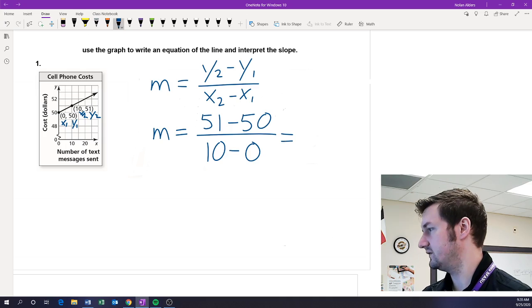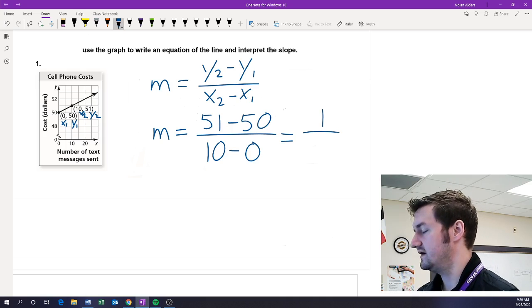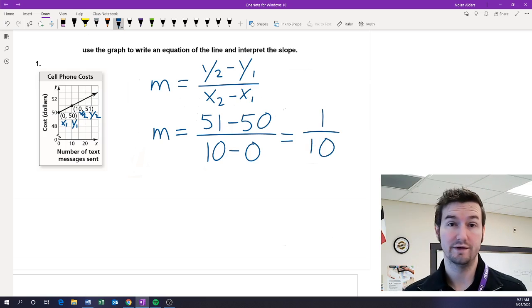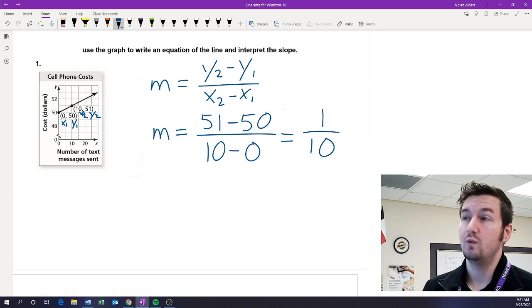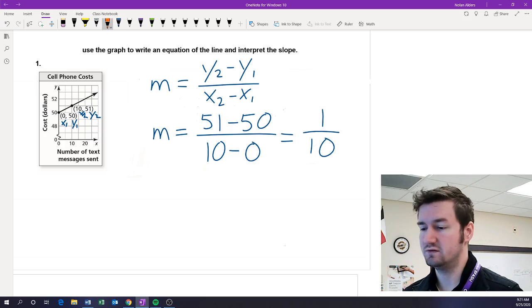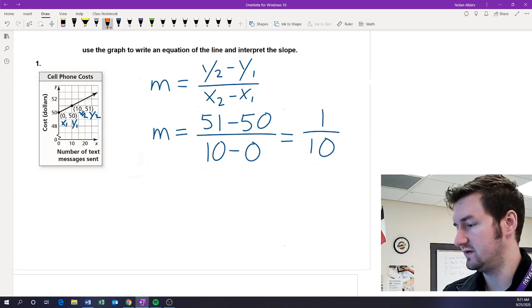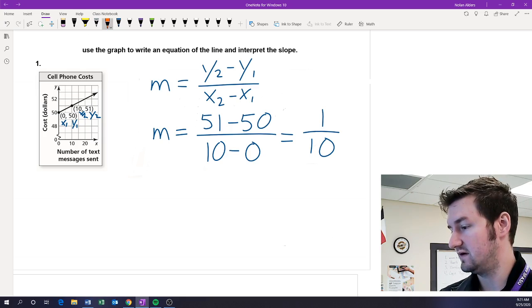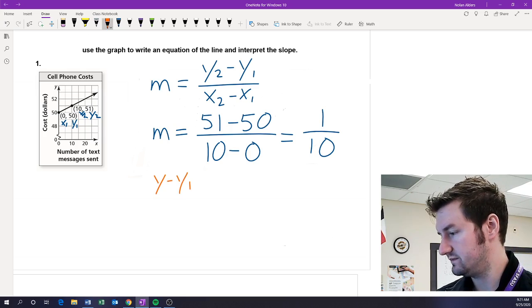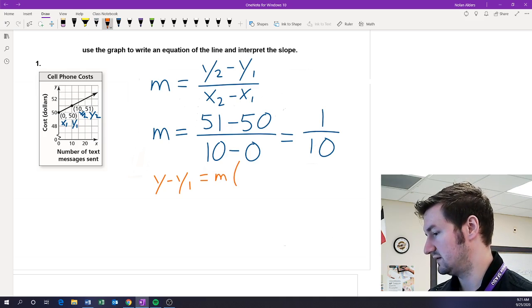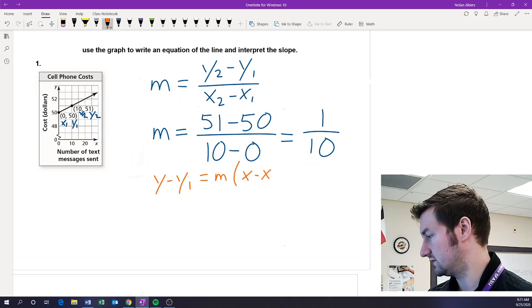All right, let's solve that. 51 minus 50 is 1, and 10 minus 0 is 10. So our slope, it looks like, is 1/10. Now, we can write an equation for this function using the point-slope form of a line. And that is just y minus y1 equals m times x minus x1.